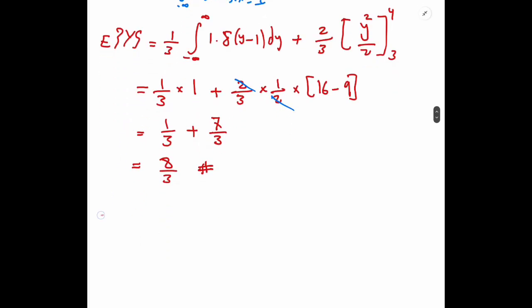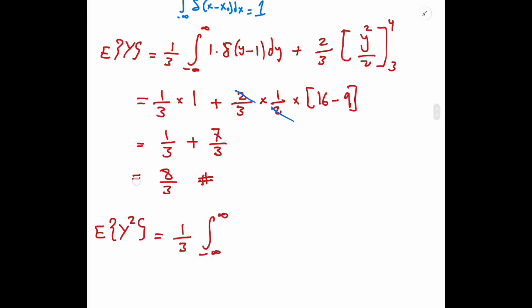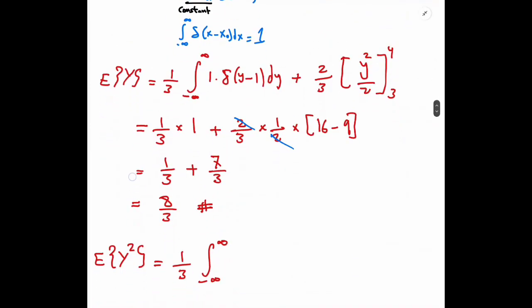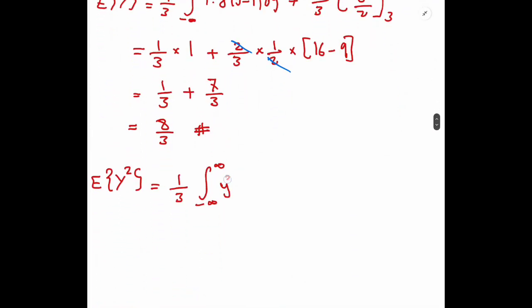Now, what about expectation of y squared? This is equal to 1/3 times the integral from minus infinity to infinity of y squared delta y minus 1 dy plus 2/3 integral from 3 to 4 y squared dy.